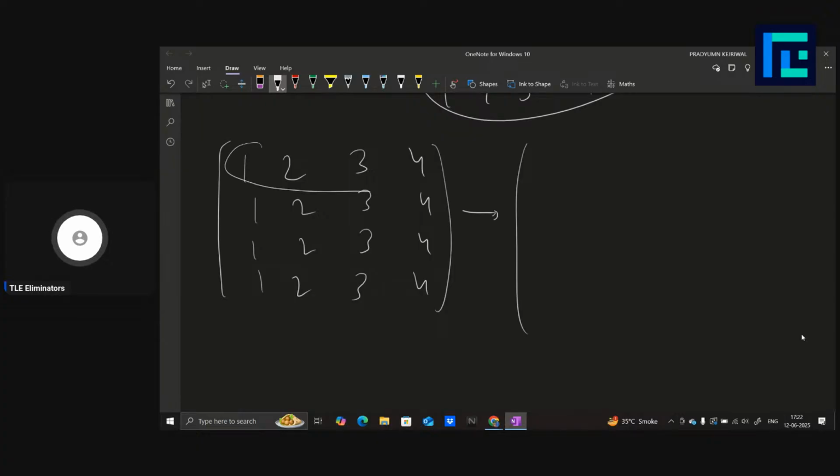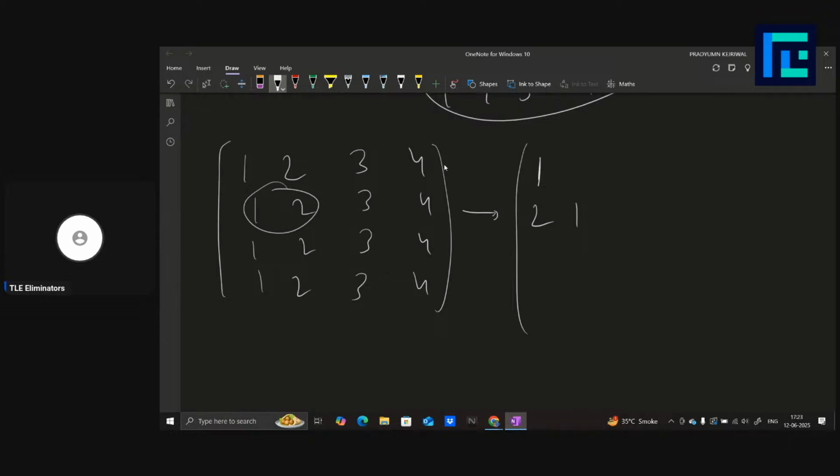First of all, I am just trying to make the first column a permutation. So let's say I just keep a 1 here, right? Then in the second row, if I keep a 1 here directly, then it is wrong because there are two 1s in this column now. So I cannot do that. I have to reverse some subarray, either this subarray or this subarray or this subarray. So let's say I reverse this subarray.